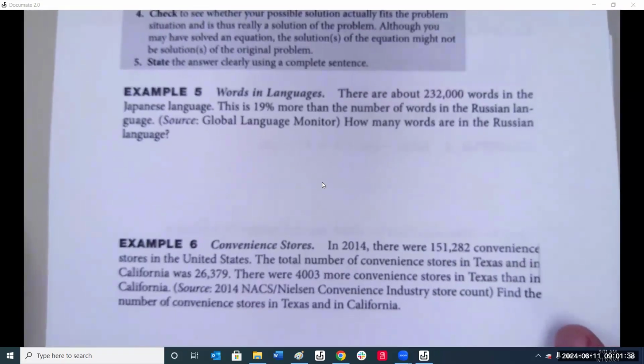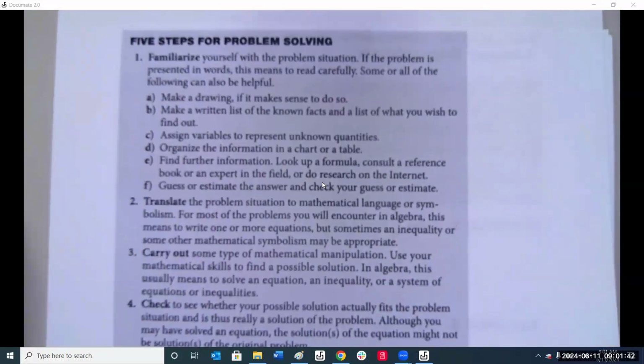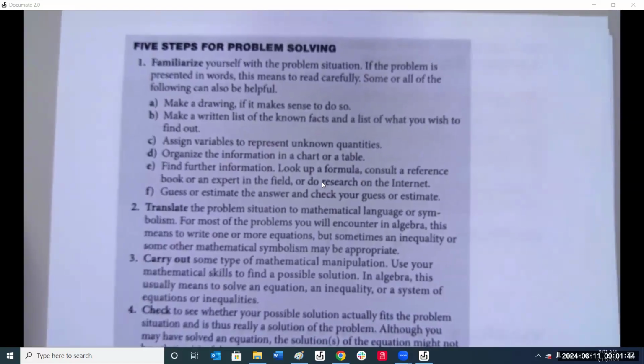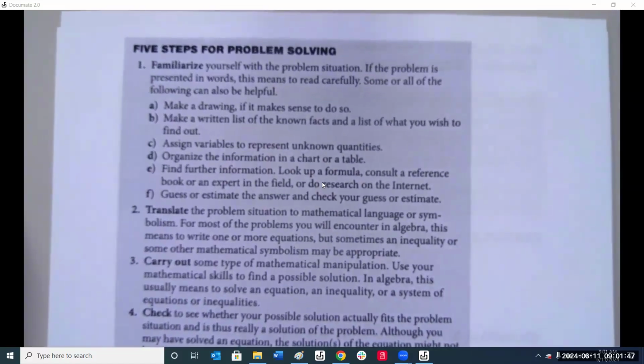Here's the first word problem. Well, in the sheets I gave everybody, here are the steps of solving word problems. Understand the question. Understand what's given to you, what's being asked, and what formulas you have to use. You have to see what you need and what you get started.